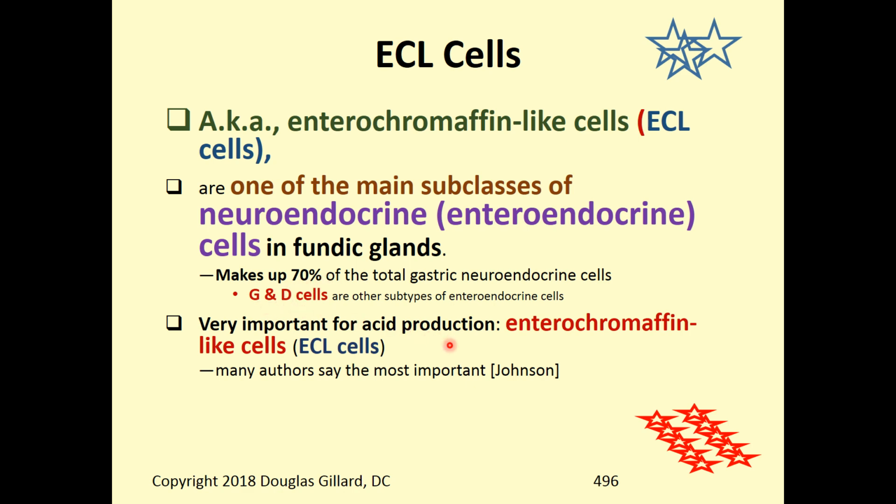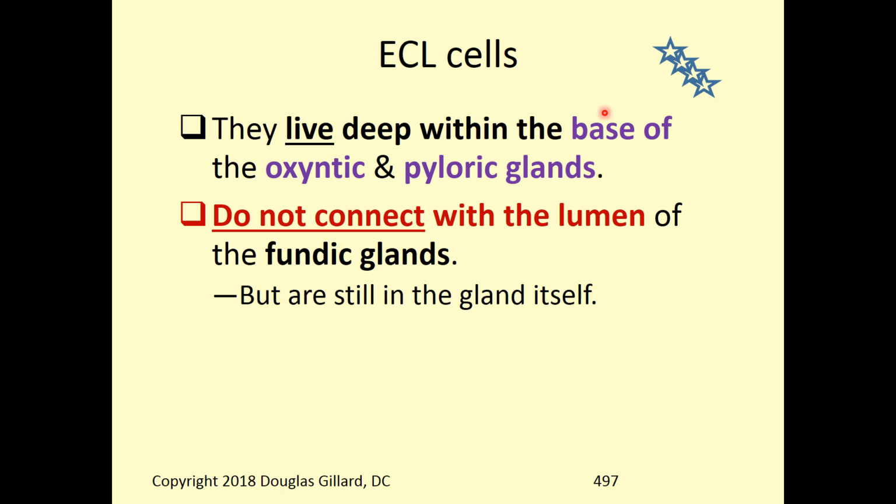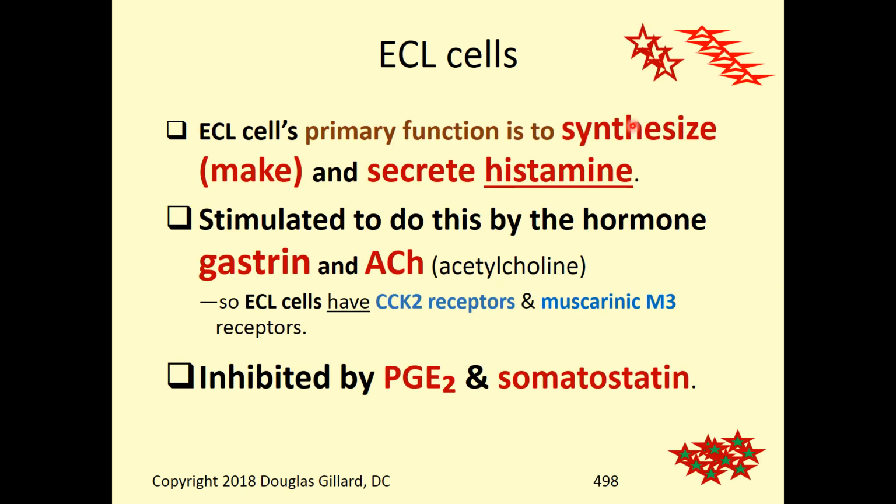So very important for acid production, as we've talked about, right? What do they release, before we go to the slide? The strongest stimulator of hydrochloric acid? Histamine. They live deep in the base of the oxyntic and pyloric gland. They don't connect with the lumen, so they're not tasting the luminal fluid for anything. Their job is to synthesize and make histamine.